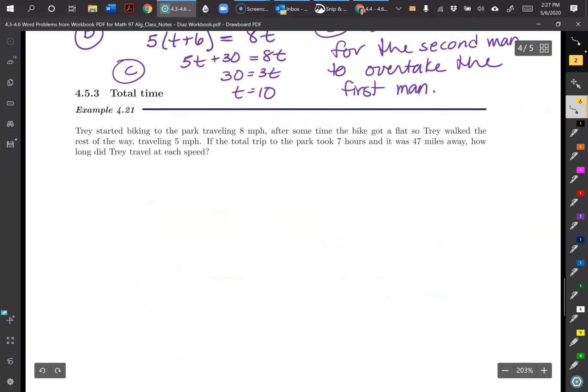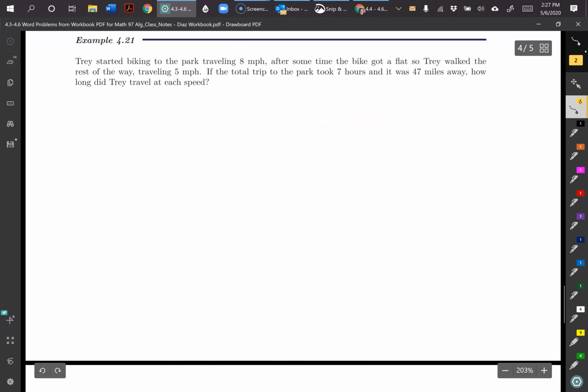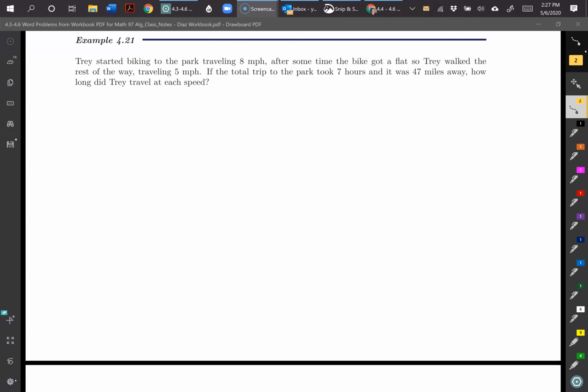Now we'll look at example 4.21. Trey started biking to the park, traveling 8 miles per hour. After some time, the bike got a flat, so Trey walked the rest of the way, traveling 5 miles per hour. If the total trip to the park took 7 hours and it was 47 miles away, how long did Trey travel at each speed?